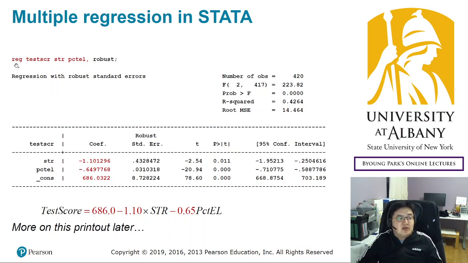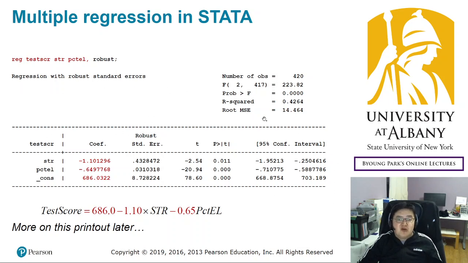The STATA command is also straightforward. REG is an abbreviation of regress. Regress test score on student-to-teacher ratio and percentage of English learners. And they put the option robust. When they put the option robust, they got this result.